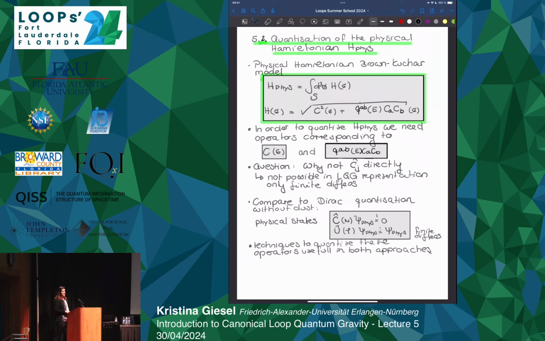So you see that the techniques that you need to use, by either using Dirac quantization or reduced quantization, are not so different. Basically, I'm dealing with quite similar operators, and therefore, if I'm, for instance, able to quantize the Hamiltonian constraint using Dirac quantization, which was done before reduced dust quantization was applied, I can learn a lot and take over techniques that have already been used there.